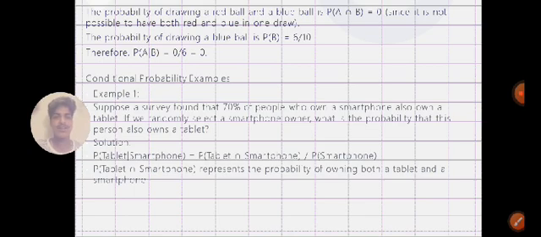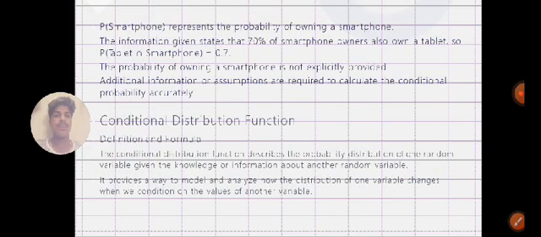Solution: P of tablet by smartphone equals P of tablet intersection smartphone by P of smartphone. P of tablet intersection smartphone represents the probability of owning both a tablet and a smartphone. P of smartphone represents the probability of owning a smartphone.